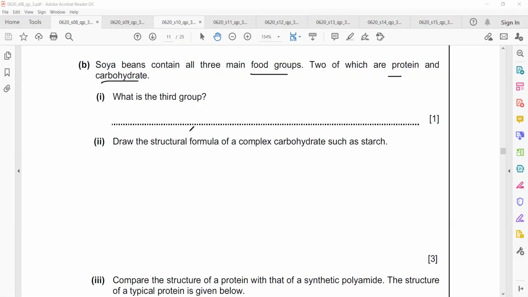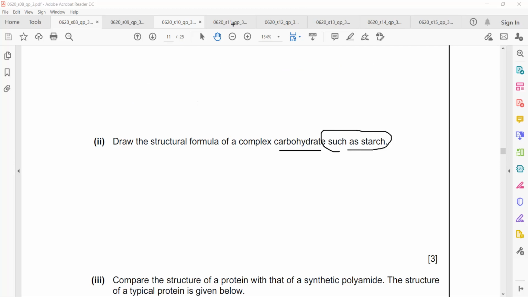Then draw the structural formula for a carbohydrate such as starch. So what are the monomers? Monomers are simple sugar molecules, which are actually diols. So it's easy to draw the structure of starch.